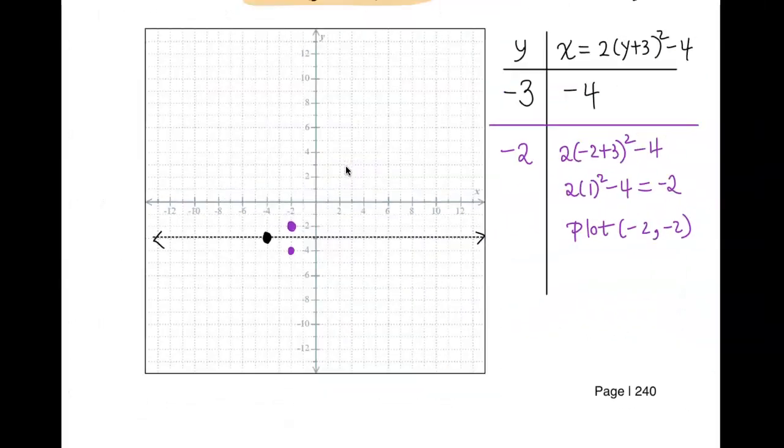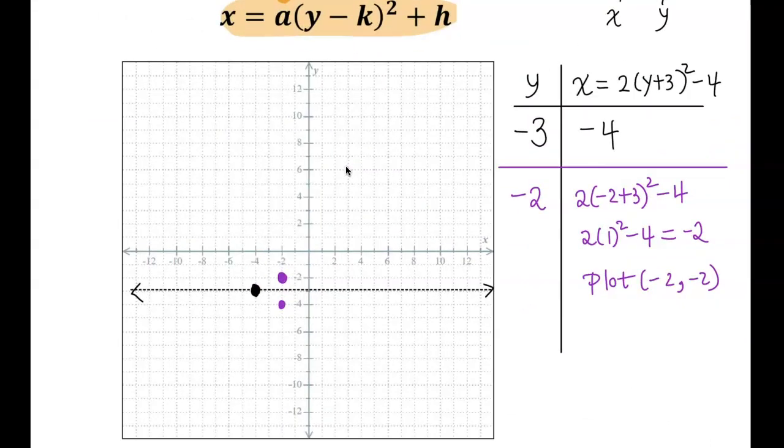What will happen if I plug in negative 1 into this function? Or I keep calling it function, I apologize. This is not a function, this is just a parabola. This is a relation. So if I plug in negative 1 in there, I will get 2 times (negative 1 plus 3) squared minus 4. That is 2 times 2 squared minus 4. And that gives us what? 8 minus 4 is 4.